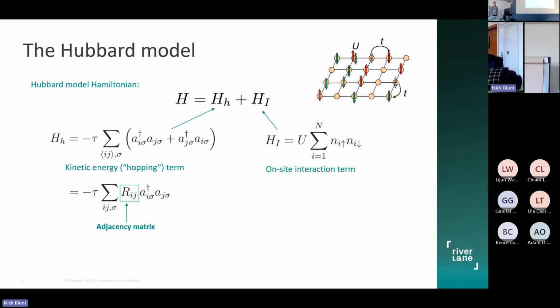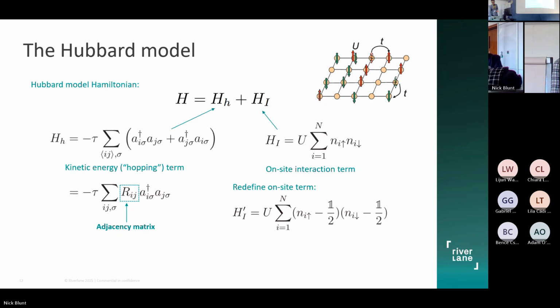And as a point of notation, we can rewrite this hopping term in terms of an adjacency matrix. This just encodes the connectivity of the lattice. So it is equal to 0 everywhere, apart from elements i, j, where i and j are connected on this lattice. And we also tend to redefine this interaction term. So we replace each number operator n with n minus a half.